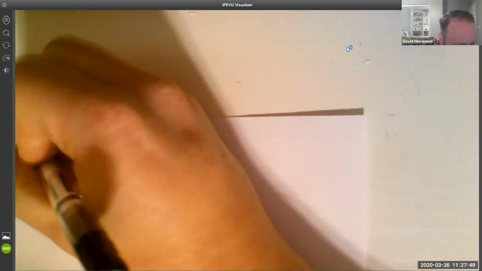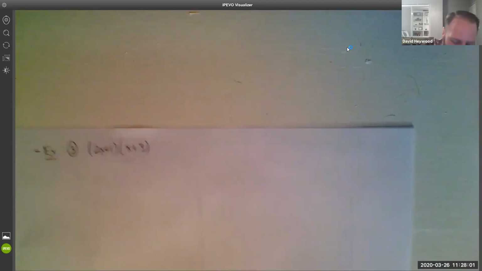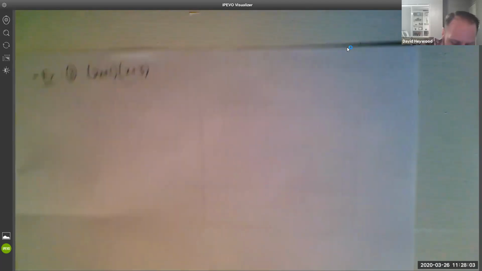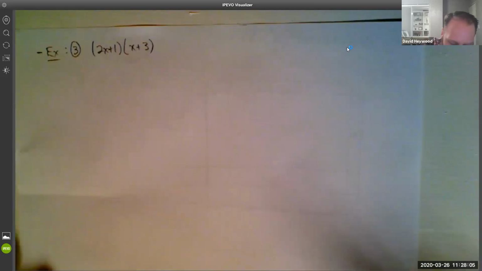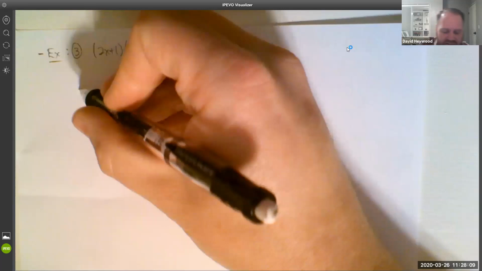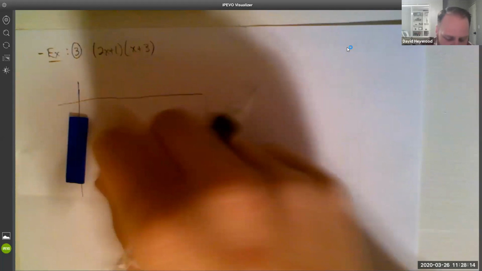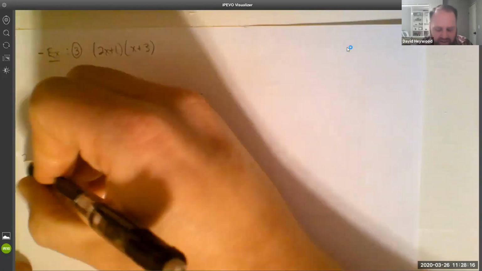All right, let's do 2x plus 1 times x plus 3. Okay, so I'll give you a second to work that one out. I'm not going to use tiles this time, except maybe to get the right spacing. So I'm going to do 2x plus 1 down the side.